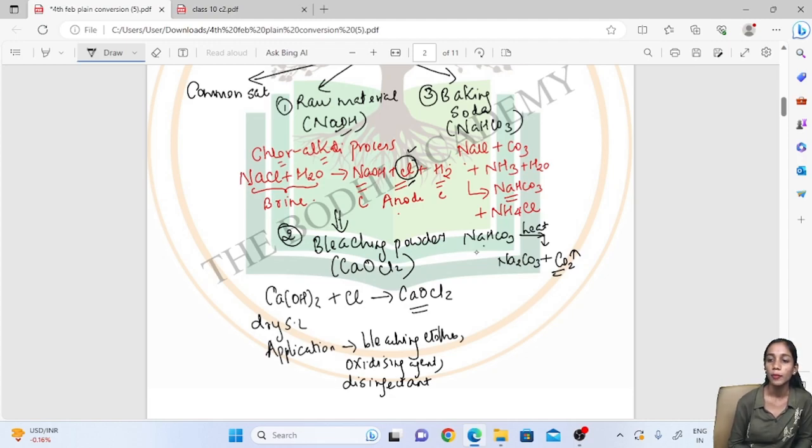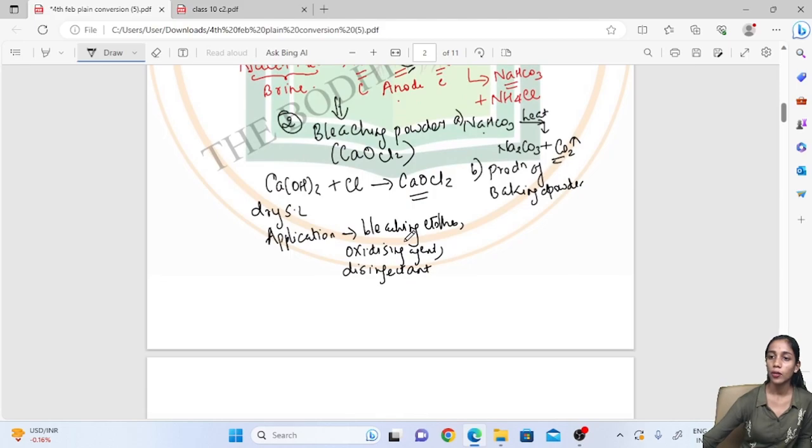Why is it used? Because when sodium hydrogen carbonate is heated, it leads to the production of sodium carbonate, and carbon dioxide gas is released, which helps in making things fluffy and crispy. This is the first application. The second application is that it is used in the production of baking powder, which is used in making cakes or other bakery products.